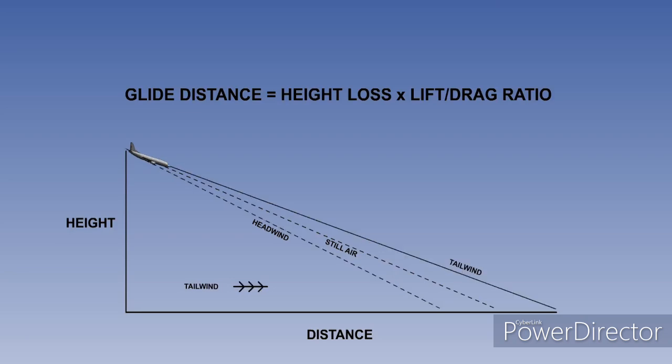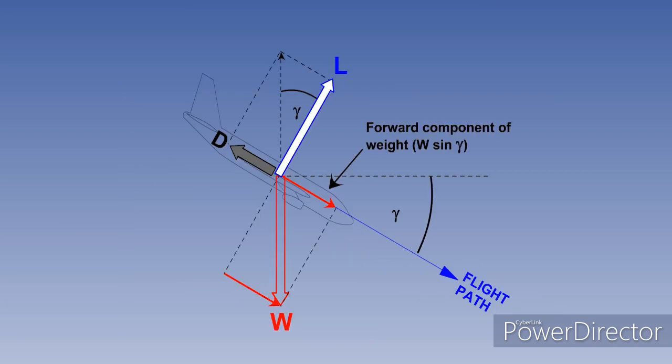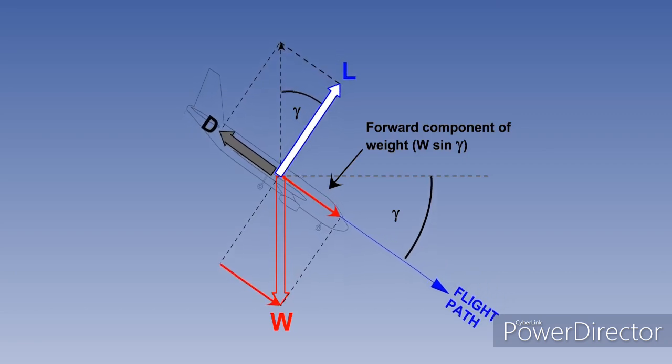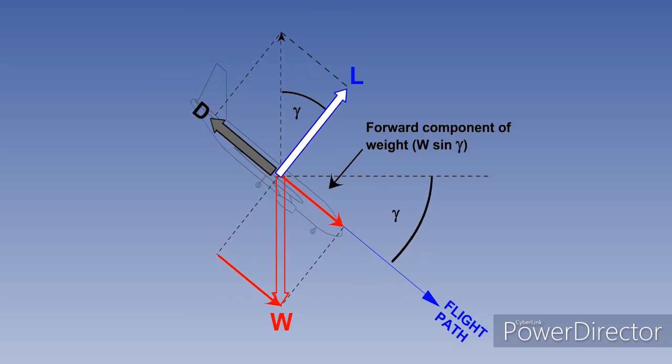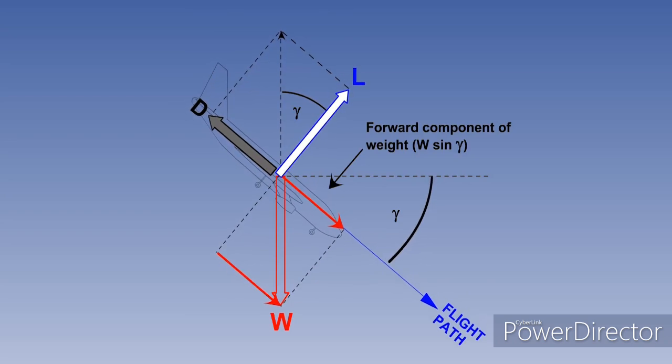And in a tailwind, the ground distance is increased. The maximum lift-drag ratio of an aircraft will only be obtained in the clean configuration. Extension of flaps, spoilers, speed brakes or landing gear will reduce the maximum lift-drag ratio and give a steeper glide angle, thus reducing glide range.